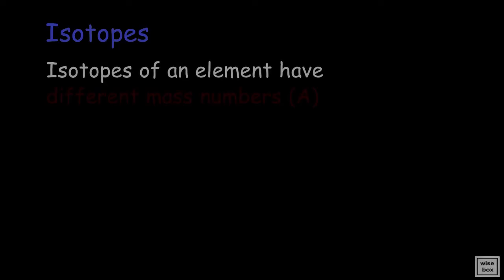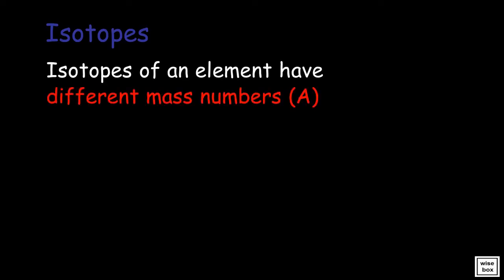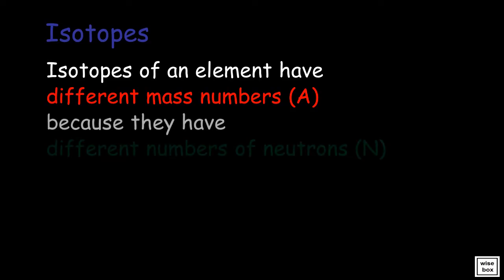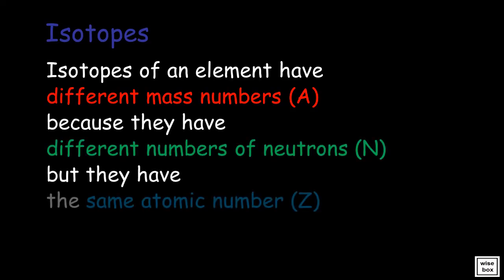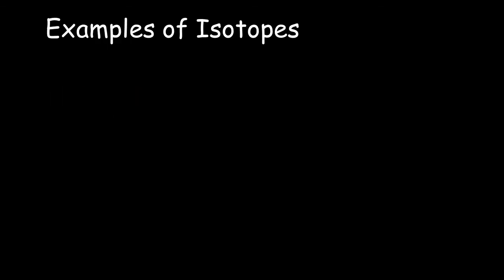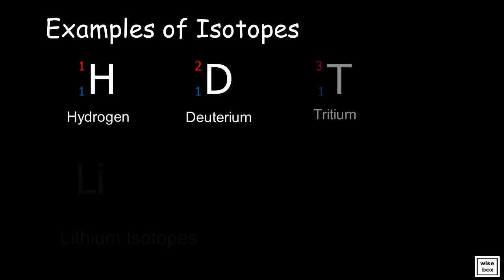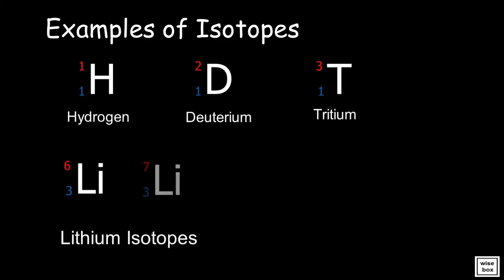The isotopes of an element have different mass numbers because they have different numbers of neutrons, but they have the same atomic numbers. Here are some examples of isotopes: the isotopes of hydrogen, the isotopes of lithium, and the isotopes of carbon.